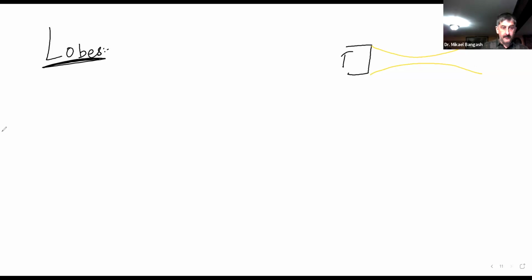Now, one kind of transducer that we have has lobes in the far zone.